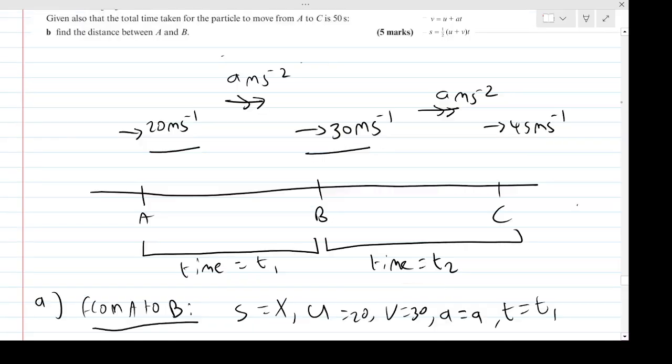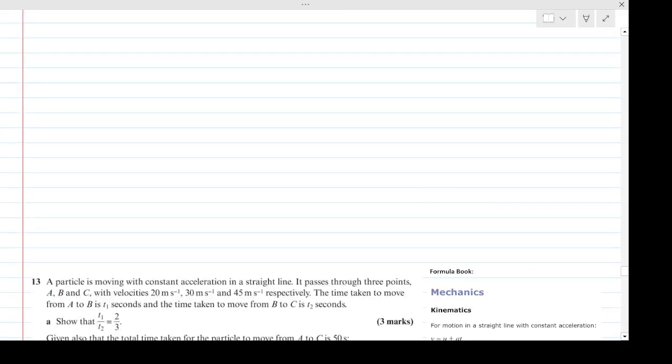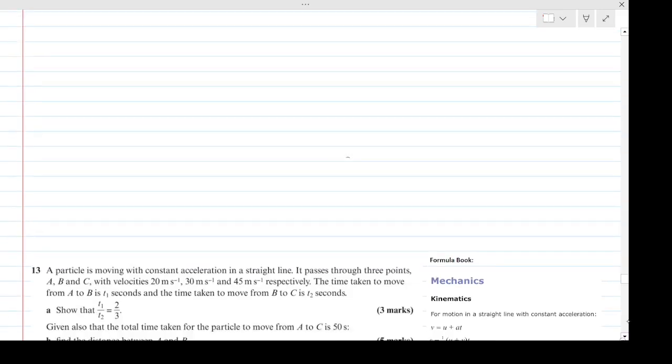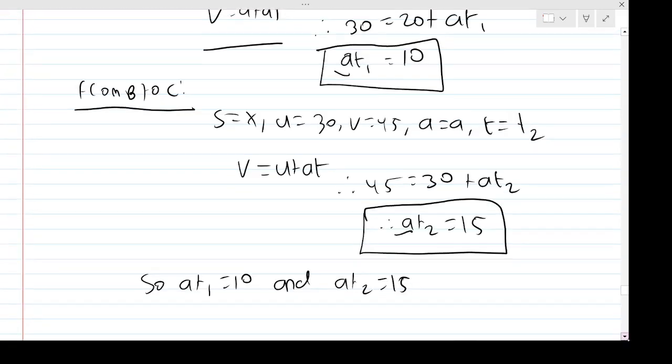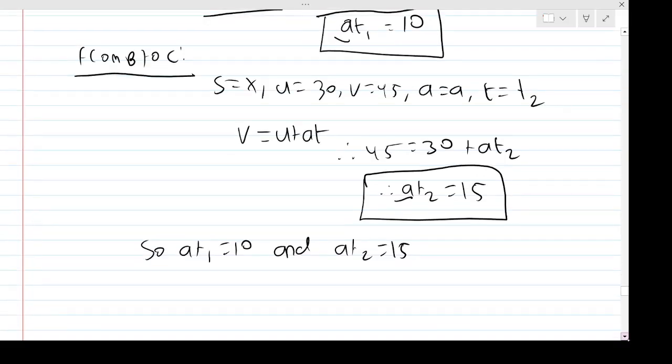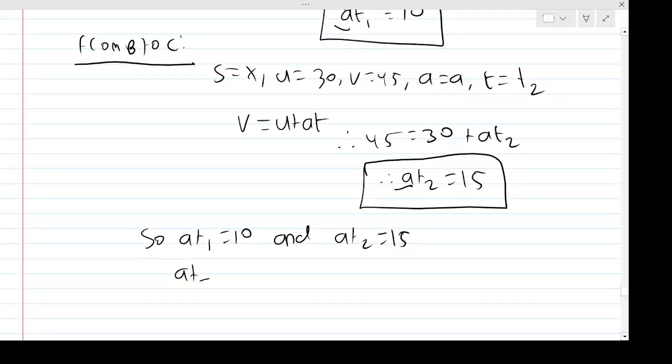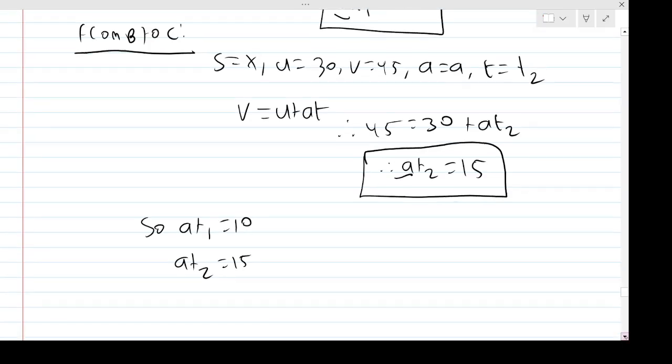So I need to show this equation here: T1 over T2 is 2/3. So if I just say here AT2 is 15 in the bottom, by moving the equation down, it might be apparent what we can do.